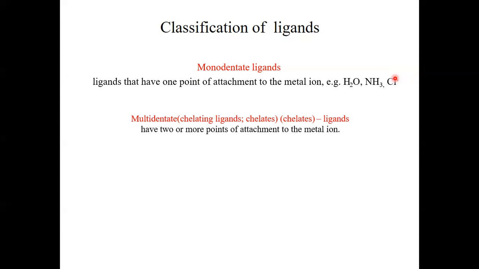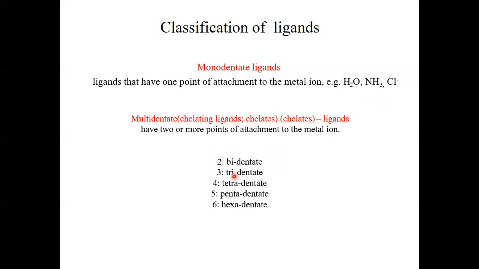In the case of multidentate ligands, we typically have 2 or more points of attachment between the metal and the ligand, and these multidentate ligands then also have multiple donor atoms. So we indicate how many points of attachment there are by Greek prefixes. For instance, when we have a bidentate ligand with 2 donor atoms, we add the prefix di.